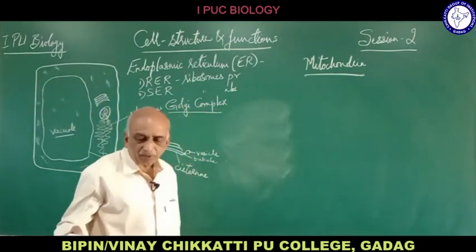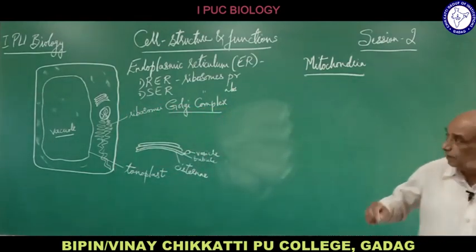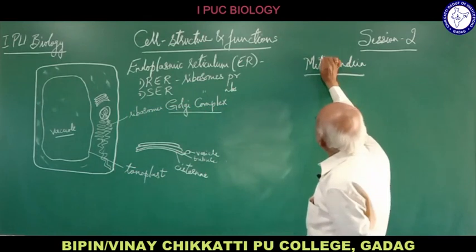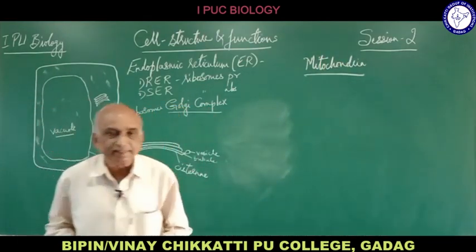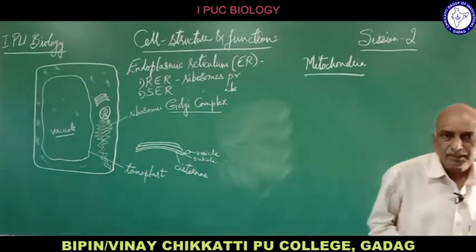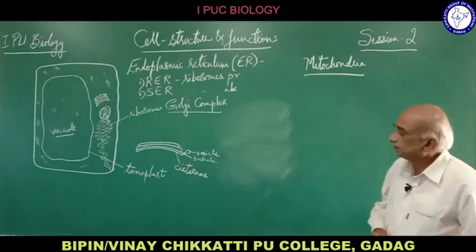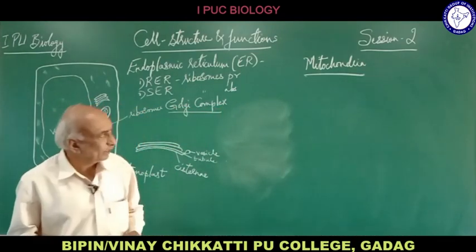They are present in all plant cells and animal cells. Mitochondria were first discovered by a scientist called Kolliker. He actually named them the dictyosomes, and later they were called mitochondria.